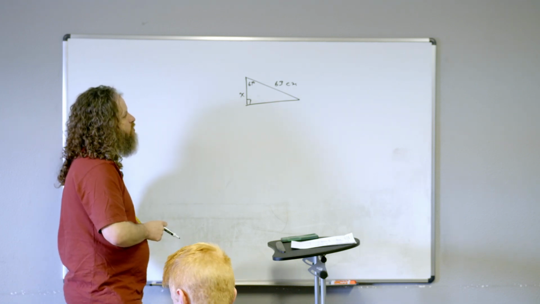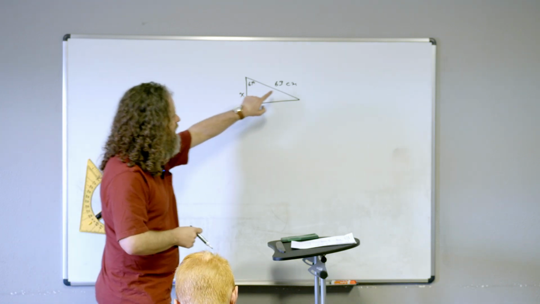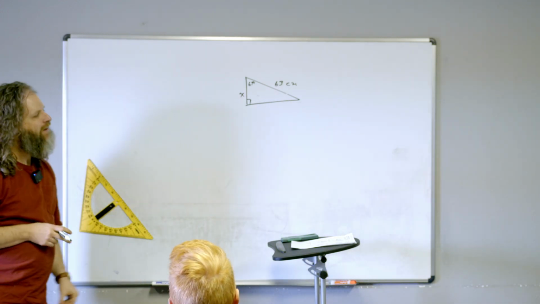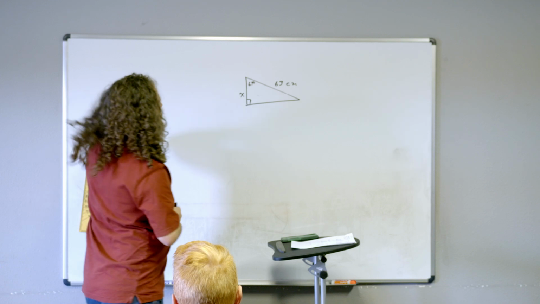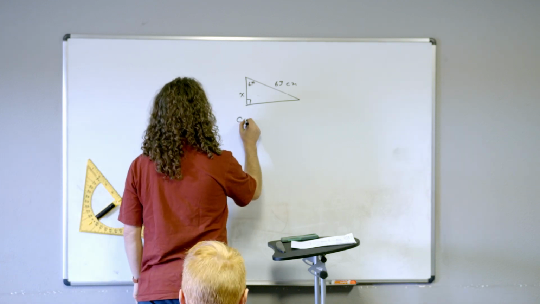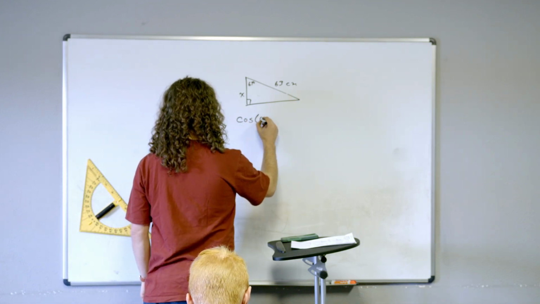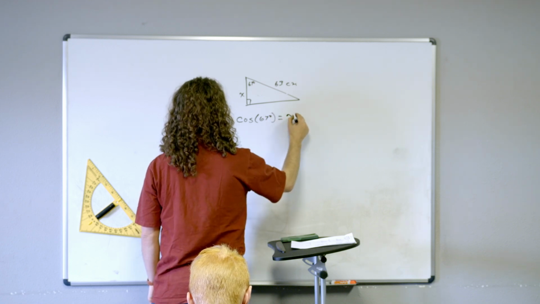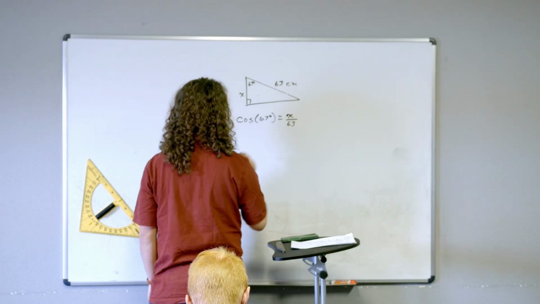It's cosine. Adjacent, hypotenuse, cosine. You could use secant if you wanted to. So the cosine of 67 degrees equals adjacent over hypotenuse.